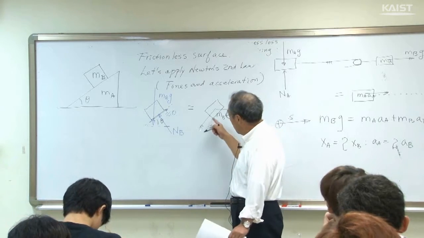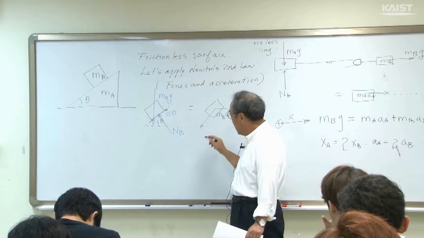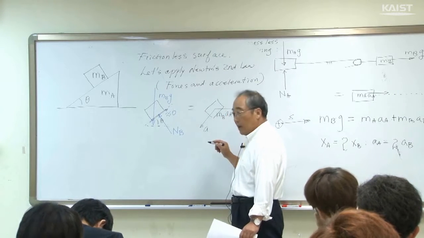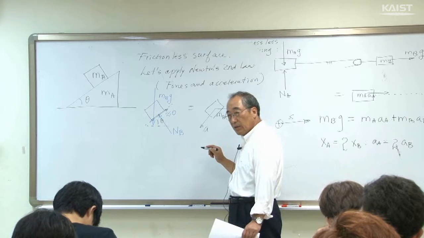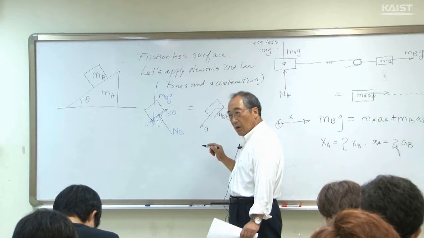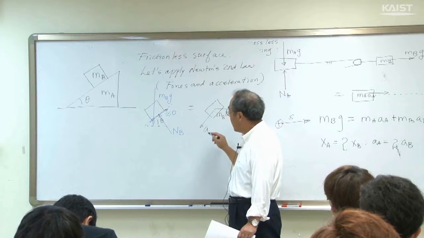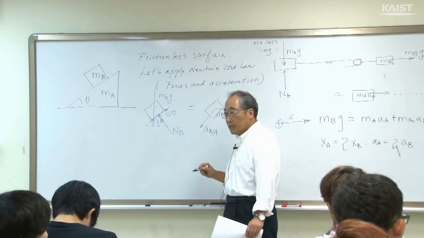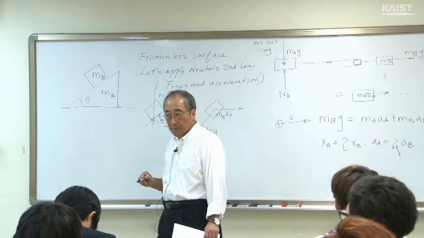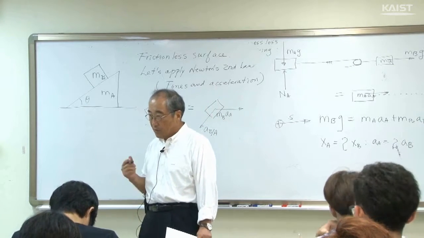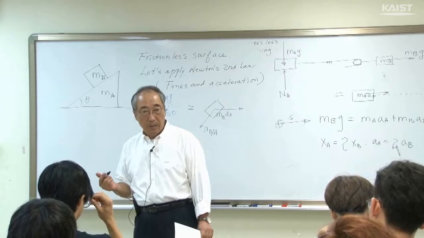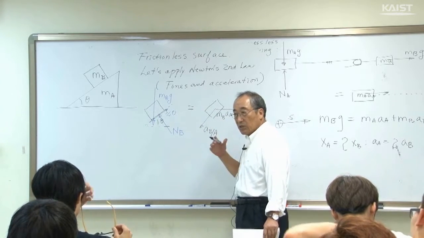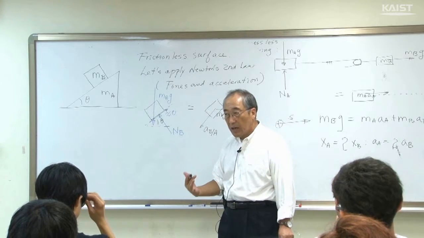Then what is this acceleration? This acceleration is obviously the acceleration of mass B observed by mass A. So relative acceleration. So this acceleration plus that acceleration is the total absolute acceleration.